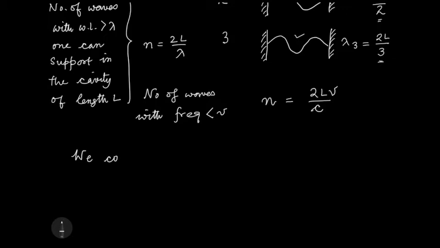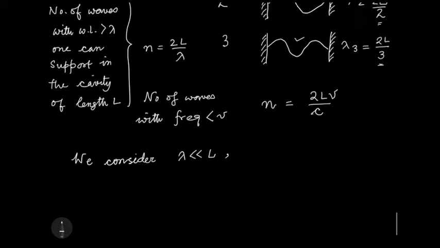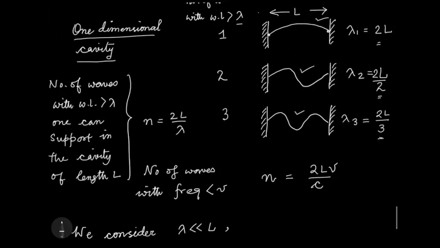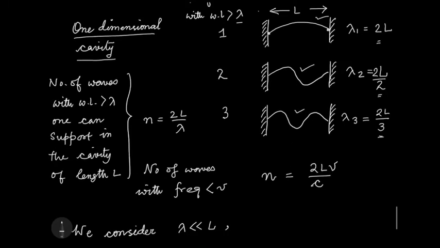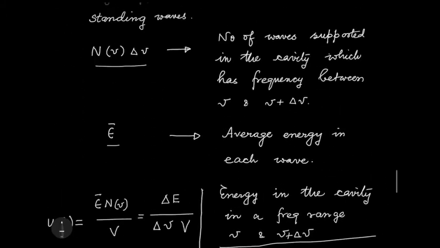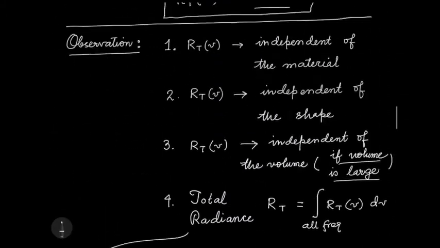Okay. Now let's say that we consider the case lambda much less than L. So what do you mean by lambda much less than L? I mean that I am only considering those wavelengths. We'll try to calculate the irradiance, or the spectral radiance, of those wavelengths which are much less than the size of the cavity.